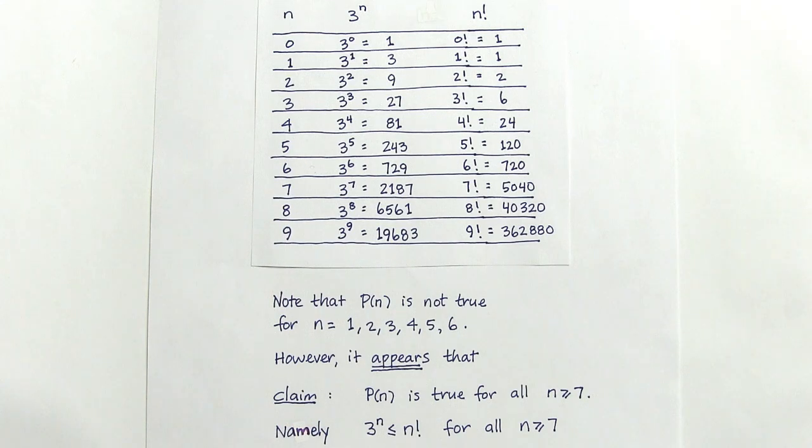Now, is it enough to check it for 7, 8, or 9? Well, no. But we can prove this claim is true using mathematical induction. So this is our base case, and then with our inductive step, we form a chain to prove that it is true for all values of n greater than or equal to 7. Let's show how to do this.